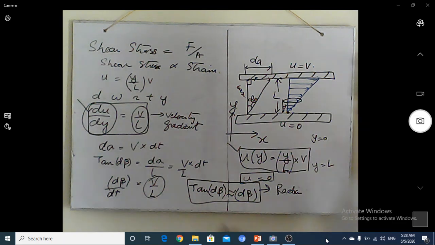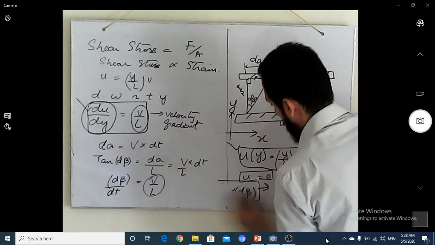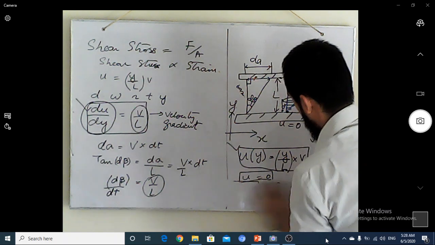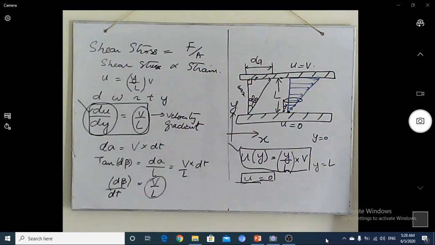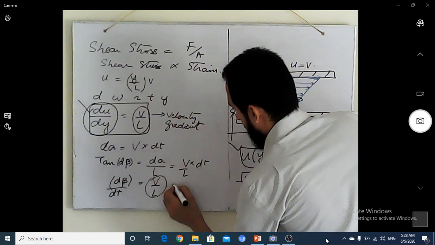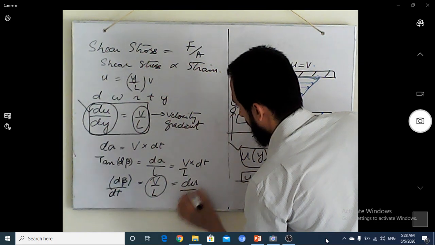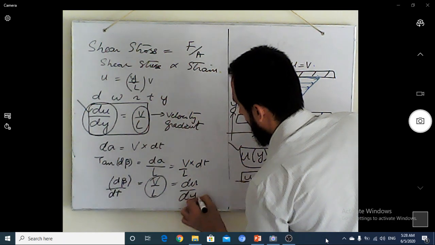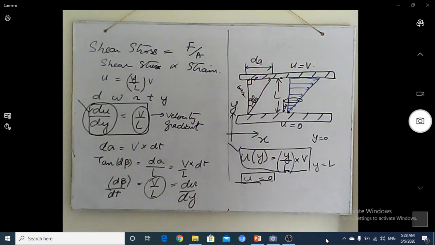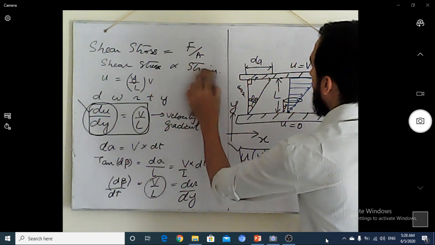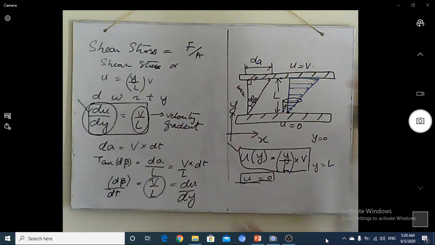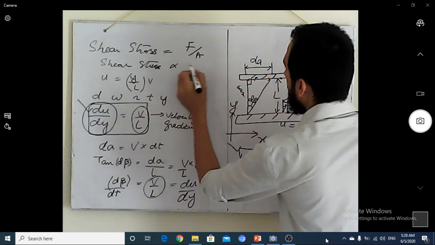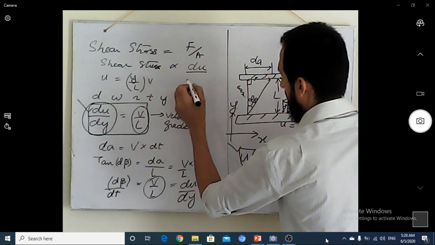Let me write all the equations here so you can easily understand. It equals du over dy, and in place of strain you can write that shear stress is directly proportional to du over dy.